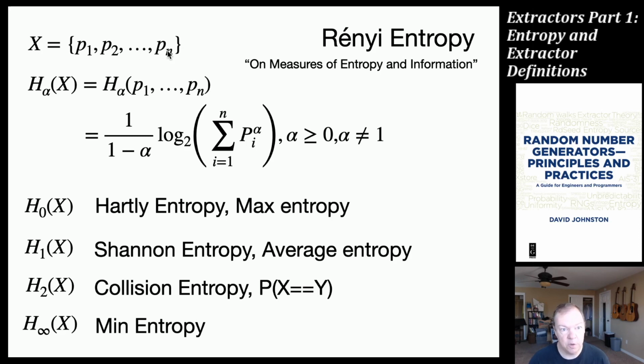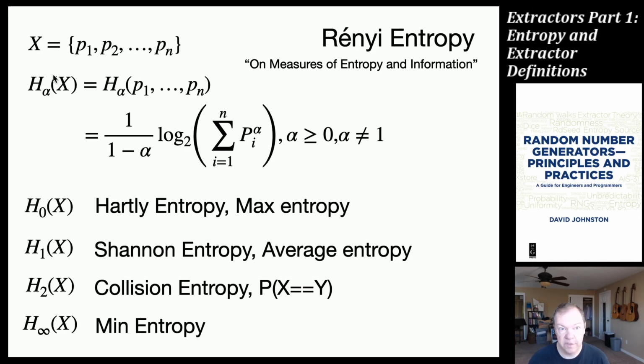You can consider it ordered, but it doesn't matter. It's just a probability distribution. Each probability is giving you the probability of an event. So you have some random source X and it's spitting out numbers, and it can spit out n different numbers, and this is the list of the probabilities of each of those n numbers occurring.